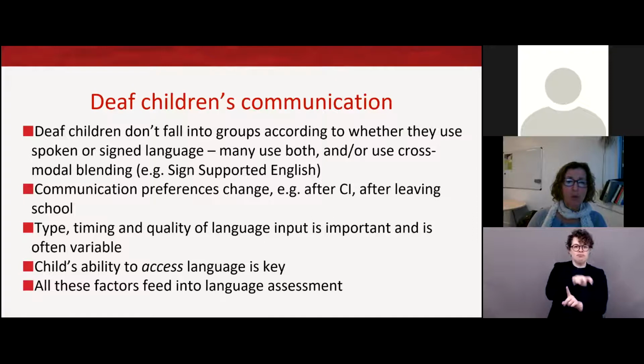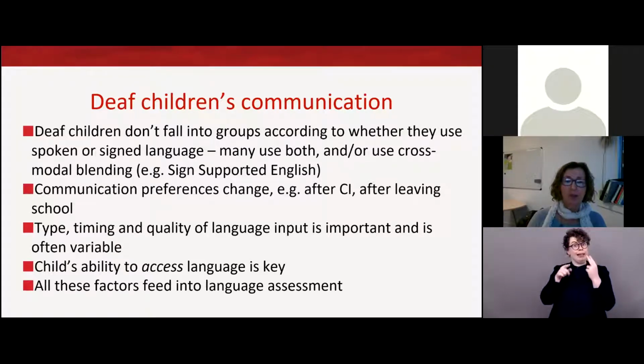But what's really important to bear in mind is that the type of language input children get, the timing of input, and the quality of input are so important. And of course, what is typical for many deaf children is that their input is so variable.